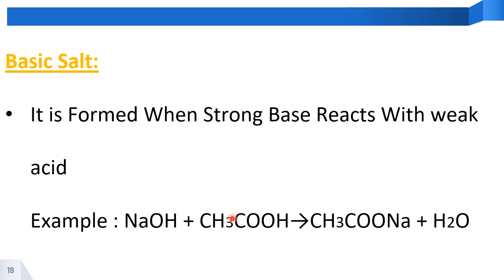So for the time being, this is called acetic acid or vinegar. When this vinegar, which is very weak, reacts with a strong base, the salt formed is called what? Basic salt. So this is called sodium acetate. Sodium acetate is a basic salt, with water as a common side product or byproduct.